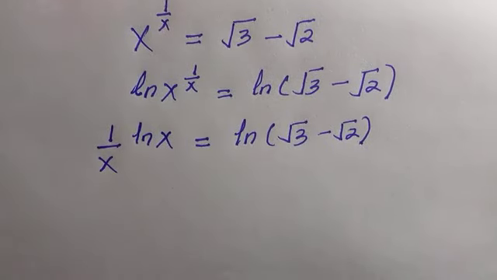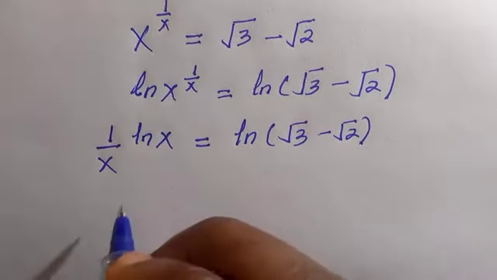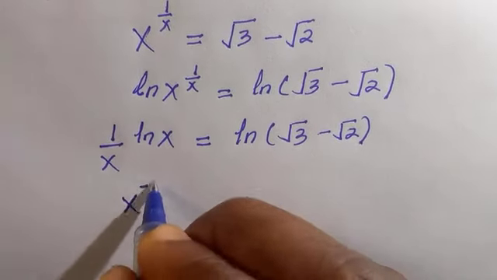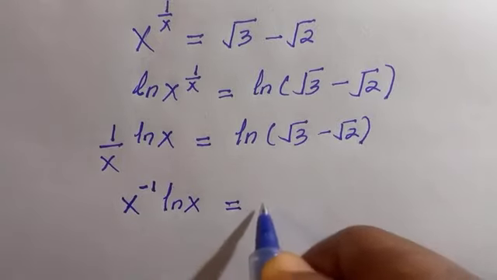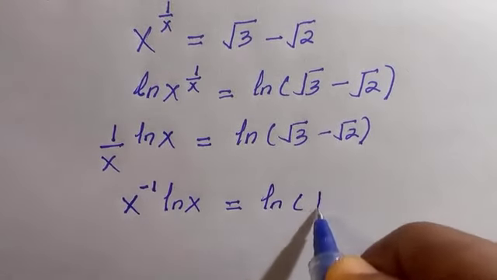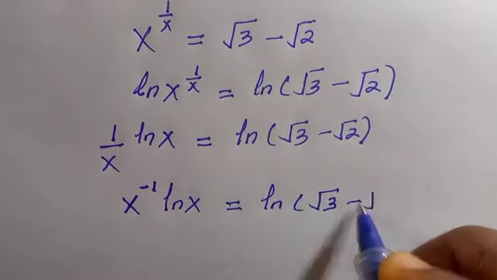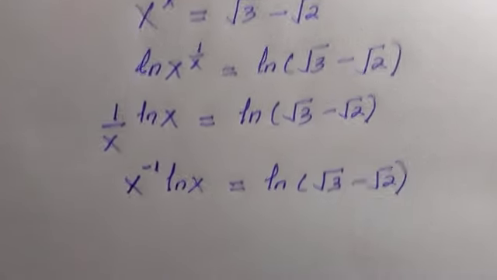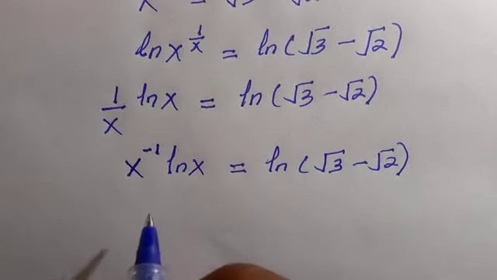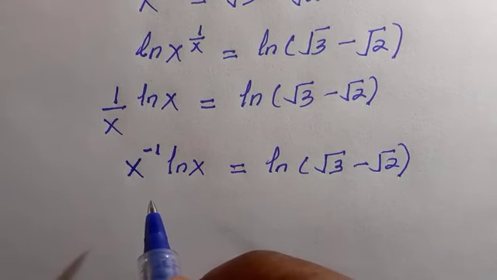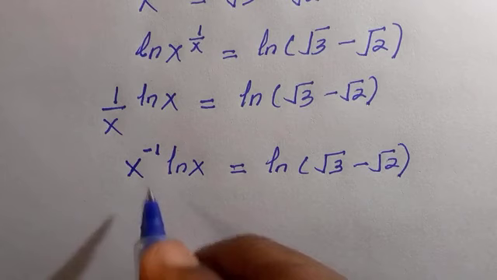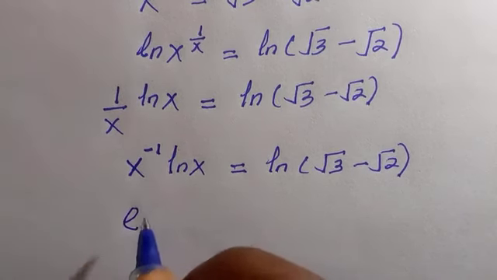Then we know that this 1 over x can also be written as x raised to the power minus 1. So we have ln x equals ln of root 3 minus root 2. The next thing I'm going to do here is replace this x raised to the power of minus 1 by introducing exponential and ln to it.